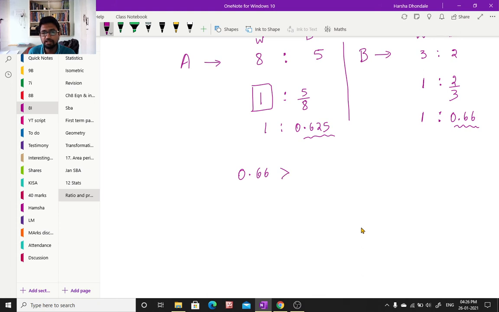It's not exactly 0.66, it's 0.666 continuing, so I can write it as 0.6 bar, meaning 6 repeats. So 0.6 bar is greater than 0.625. Therefore paint B is darker.